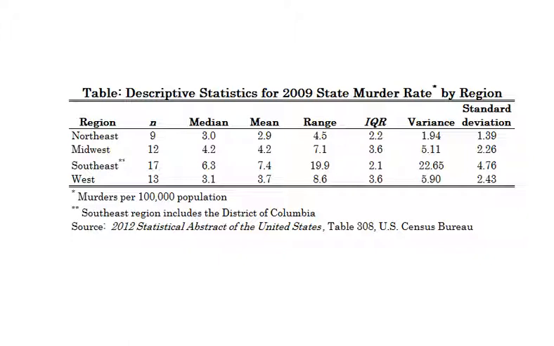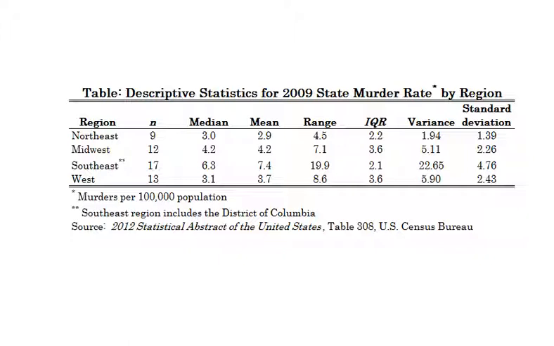But keep in mind the range is very sensitive to one unusually large score in a sample. For that reason, the interquartile range may be a better basic measure of dispersion. As we see here, however, there appears to be far less spread among the middle 50% of the distribution. Far less spread among the cases in the Southeast region, suggesting that the range is heavily influenced by 1 or 2 unusual scores for that sample.